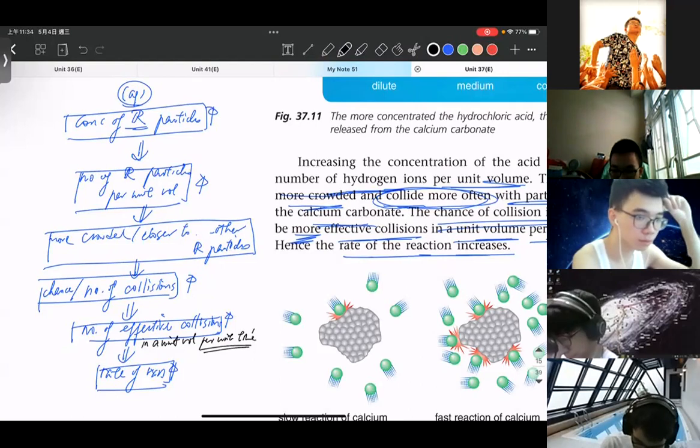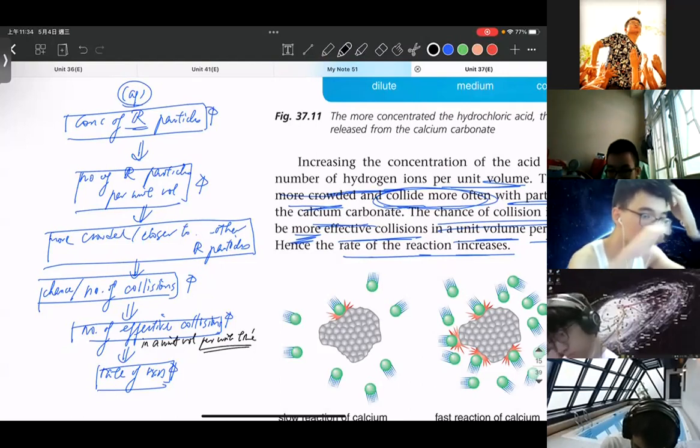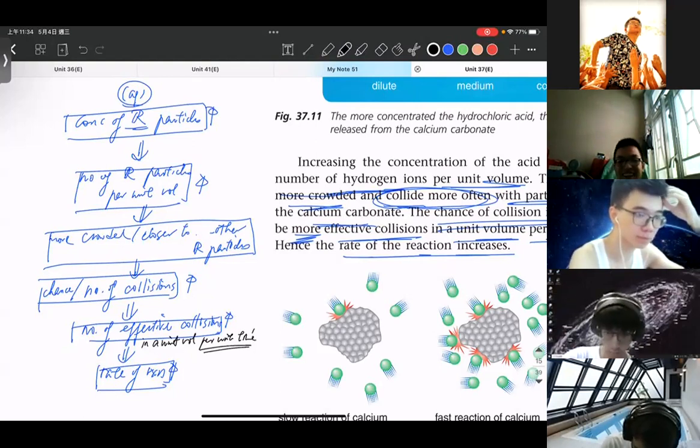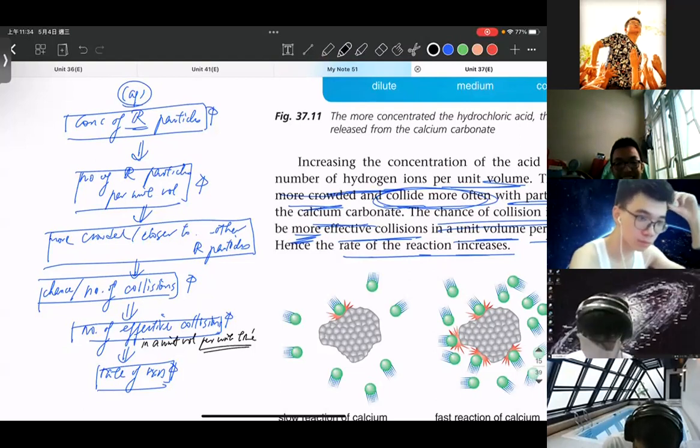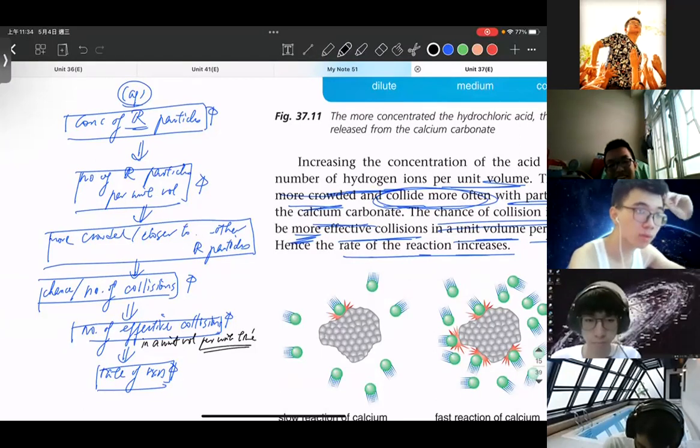Now, you may find collision theory a very important foundation. If you study more about it, you may get to know the reason behind.